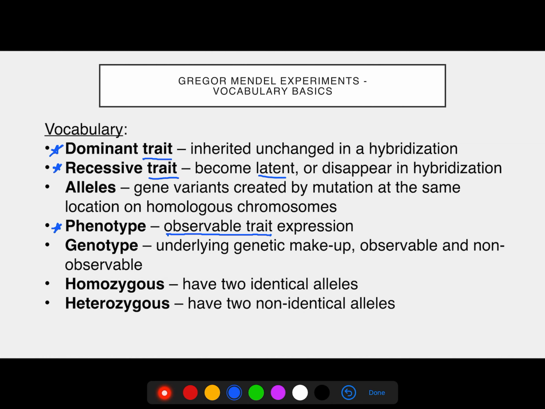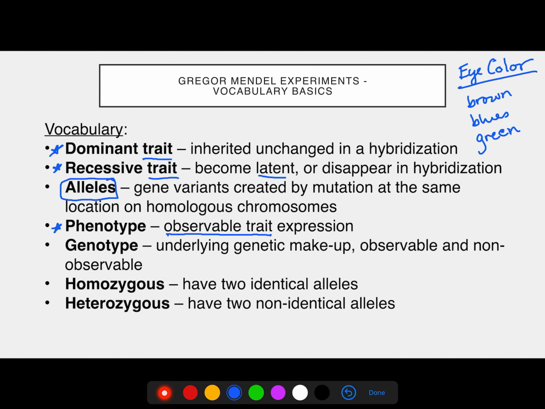An allele is a term that we use to refer to variations of the same gene. So for instance, if we knew that there was a gene for eye color, and we know that there's brown eyes, blue eyes, green eyes, and of course there are multiple other colors. But say that these are only three.